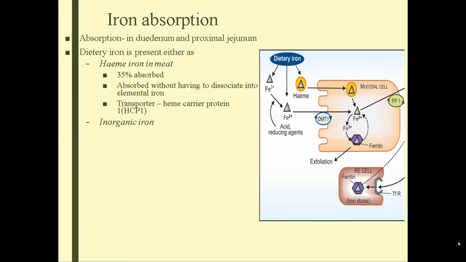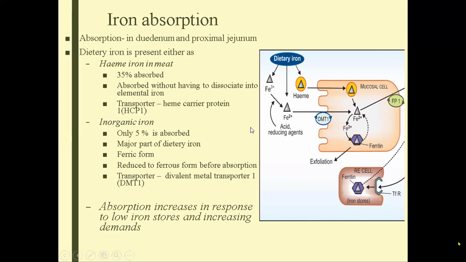So dietary iron is present either as heme iron or inorganic iron. Heme iron is contained in meat products, whereas inorganic iron is contained in other dietary products. There is a big difference between how heme iron and inorganic iron get absorbed, right?